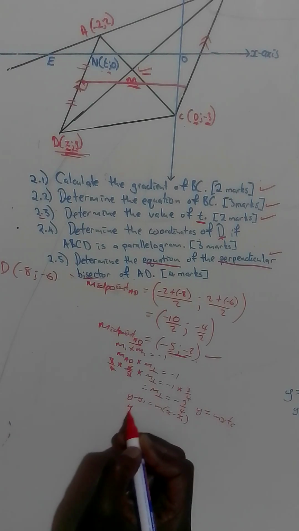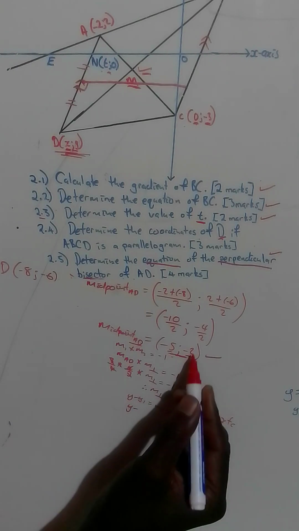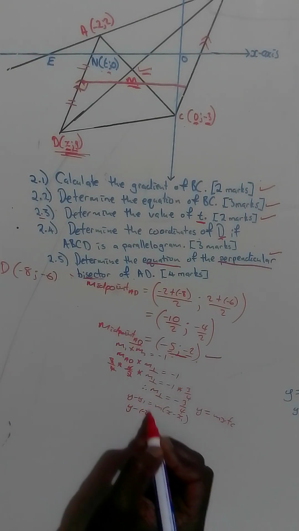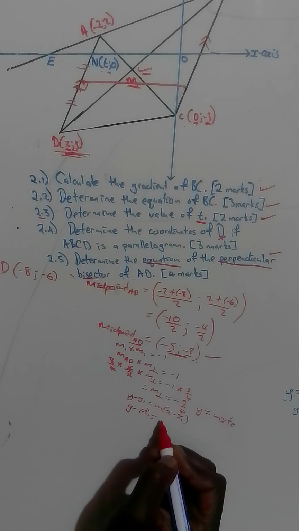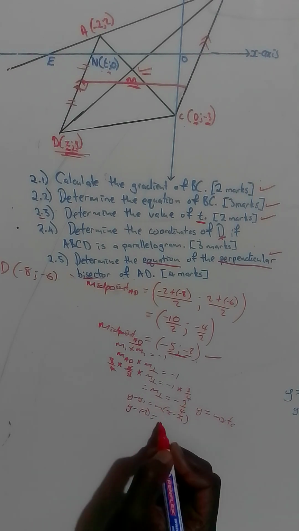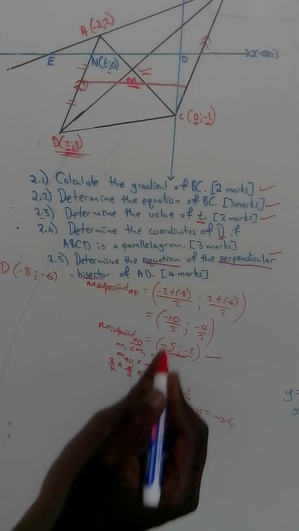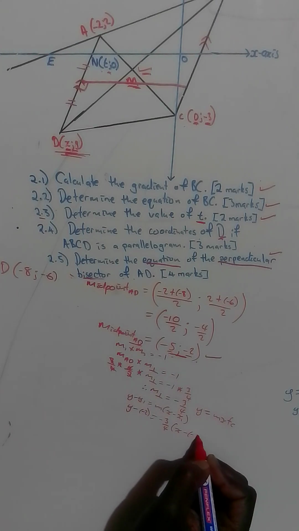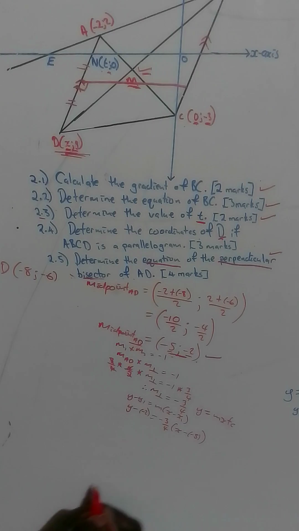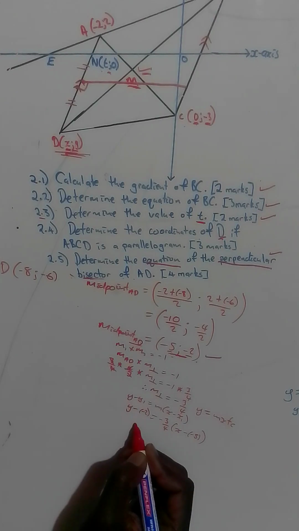Now, I now write y minus y1, my y is -2, which is equals to, the gradient is what? I just found that my gradient is -3/4, open bracket x minus, my x coordinate is -5, right? Close bracket. Negative times negative, that's a positive.